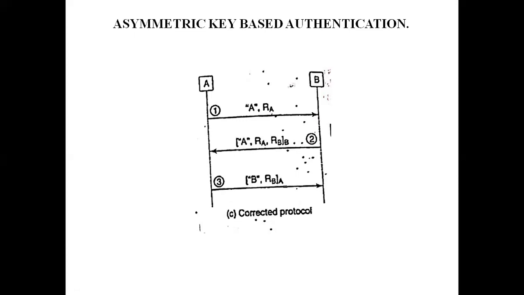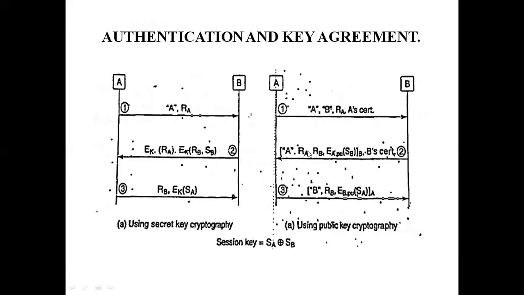So if C tries to forward this message to B later, B will identify C's identity included in the message and realize that the message was intended for C, not for B. This is what asymmetric key based authentication is.